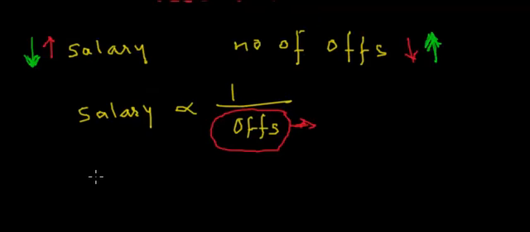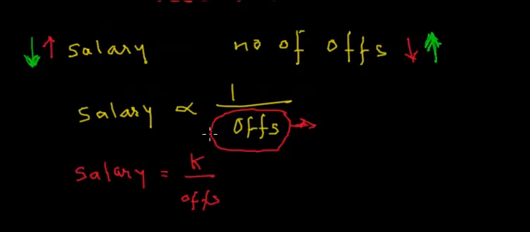So in this case, the salary can be calculated as K by number of offs, where this K is a constant. This K is definitely a different constant than the constant which we referred to earlier in the case of direct variation. So this K is different.